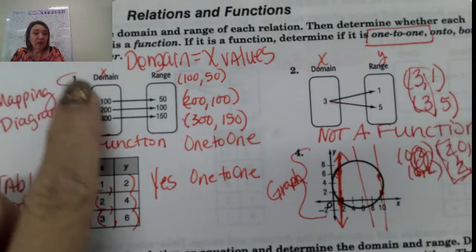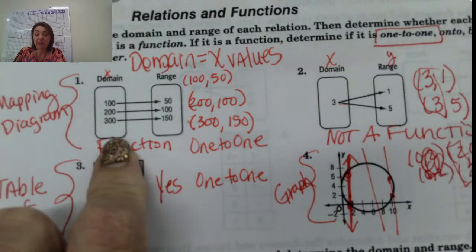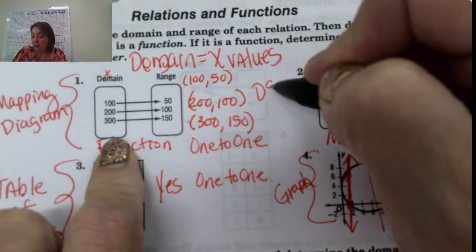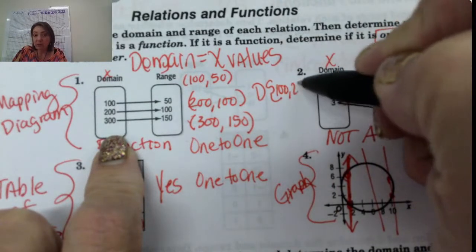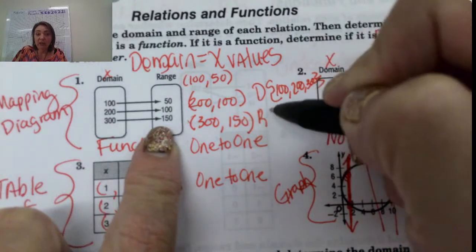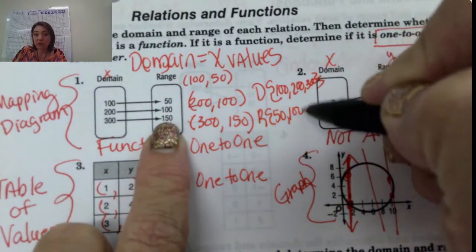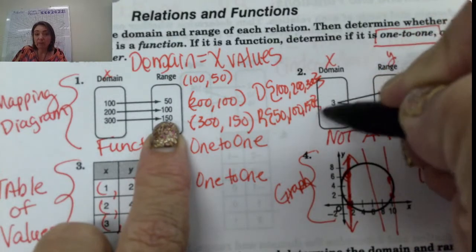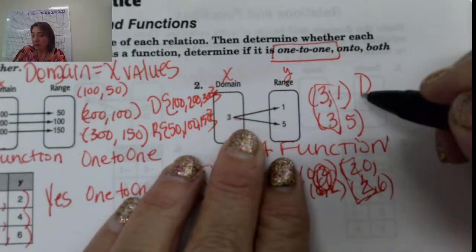Right here, because they gave us specific values for X, our domain would be this list of numbers: 100, 200, 300. And our range would be this list of numbers: 50, 100, 150.